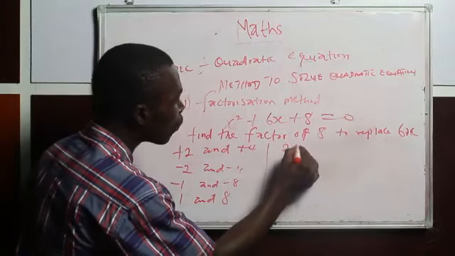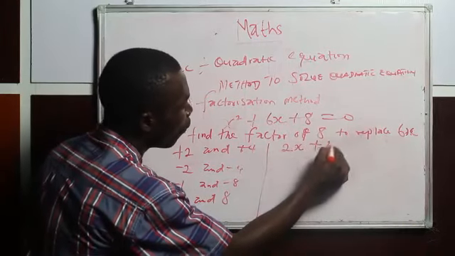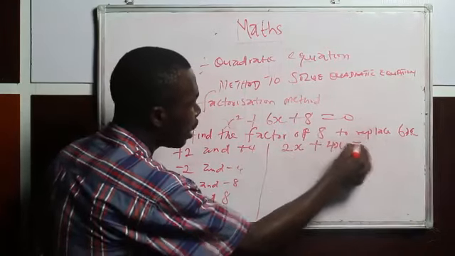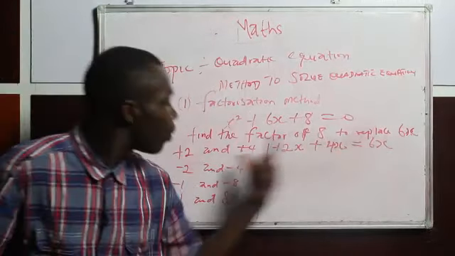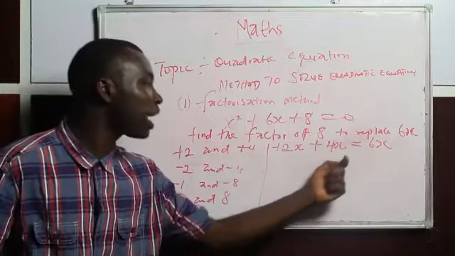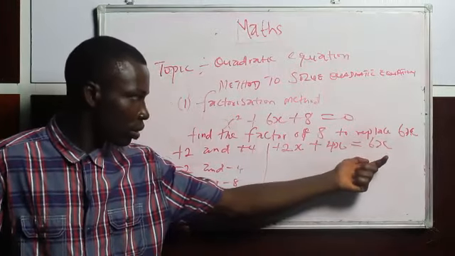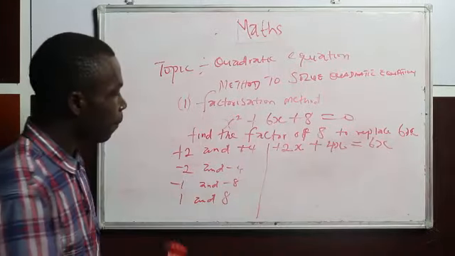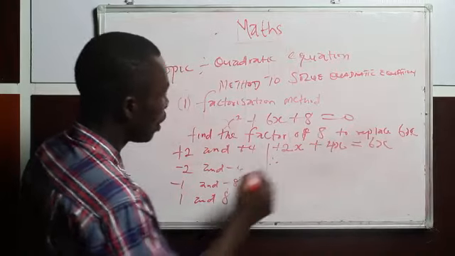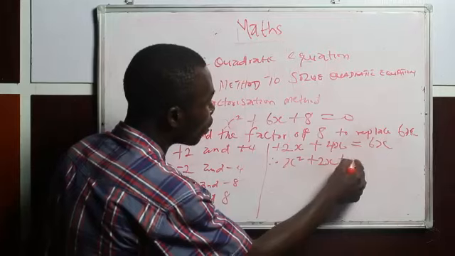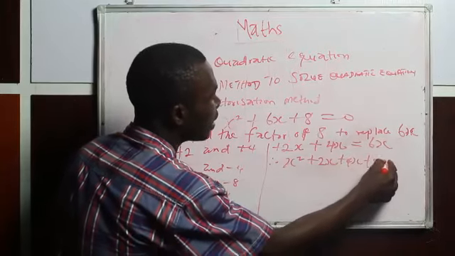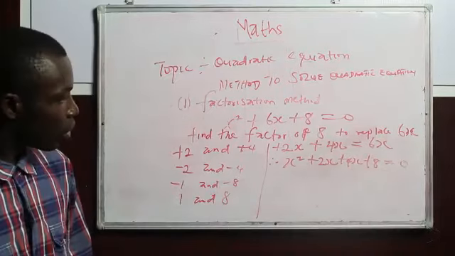Therefore, 2x plus 4x is equal to 6x. So this factor pair satisfies the equation to replace 6x. Therefore, x squared plus 2x plus 4x plus 8 is equal to 0.